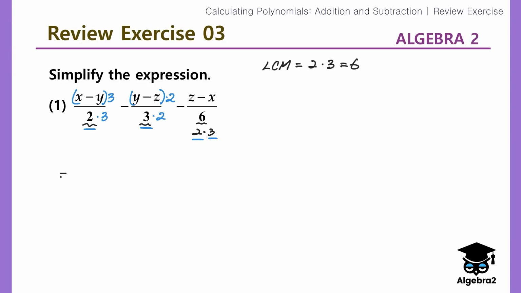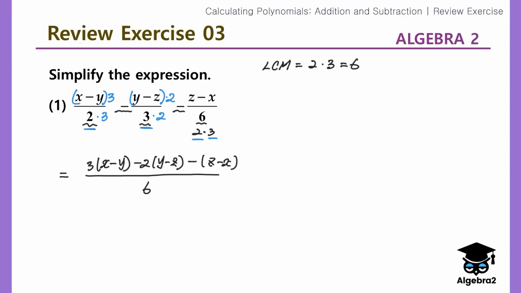So that is equal to common denominator 6. So we have 3 times x minus y, minus, here's minus, right? So minus 2 times y minus z, minus parentheses. Always use parentheses because this minus applies to z and also negative x.